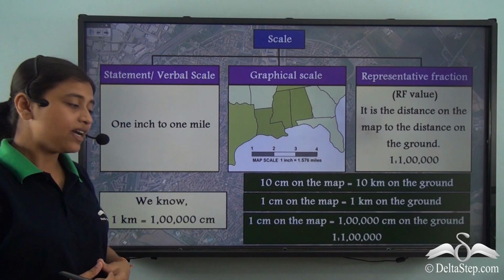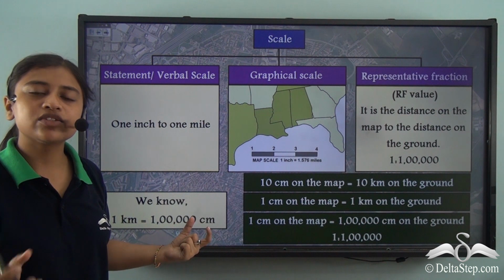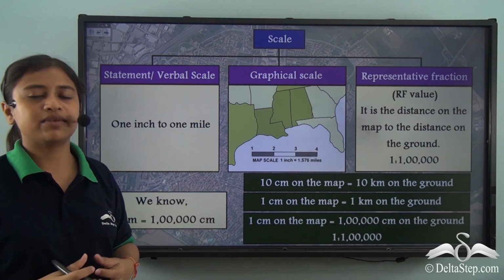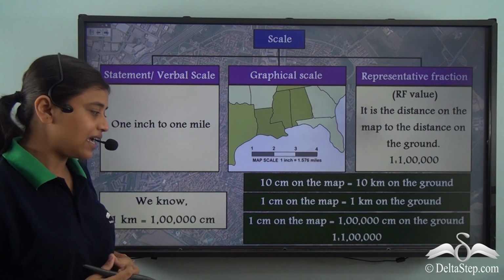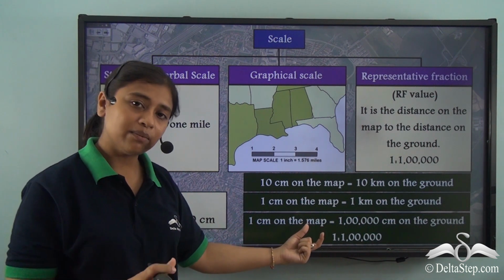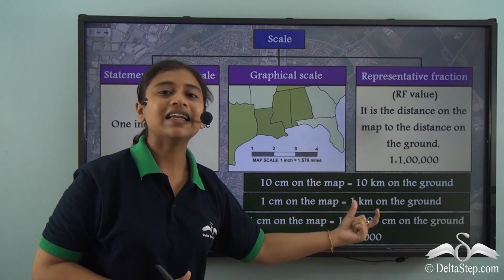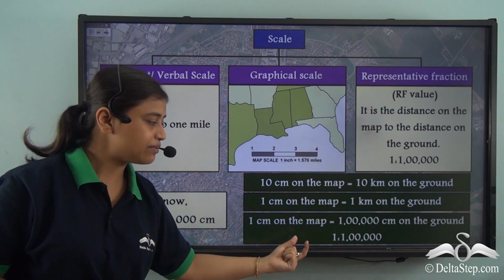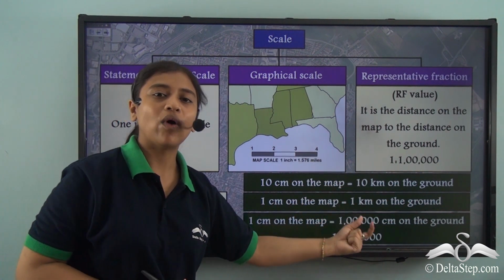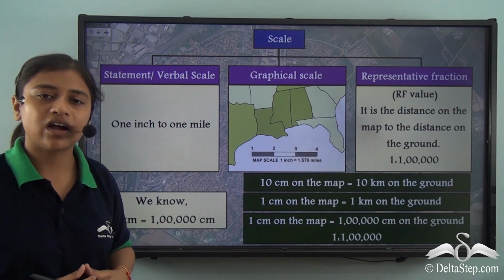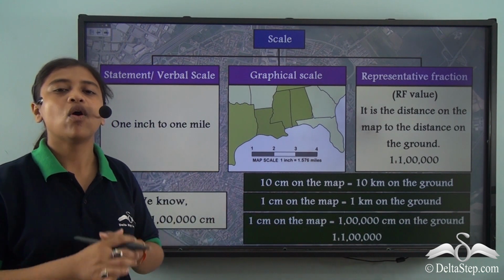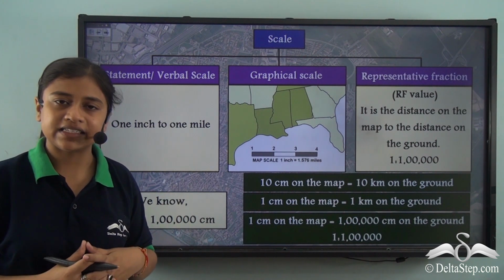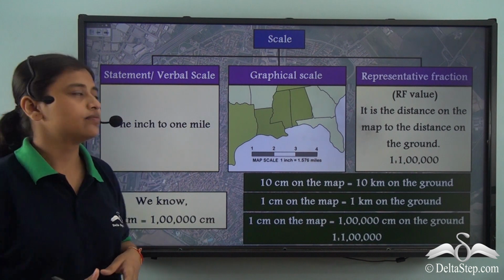We know that 1 kilometer is equal to 1000 meters, and 1000 meters is equal to 1 lakh centimeters. So 1 centimeter on the map will be equal to 1 lakh centimeters on the real ground. And that is where the ratio of 1:1 lakh comes from. This is known as the representative fraction, or the RF value.